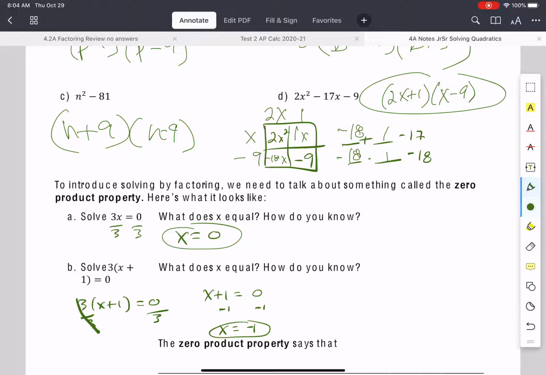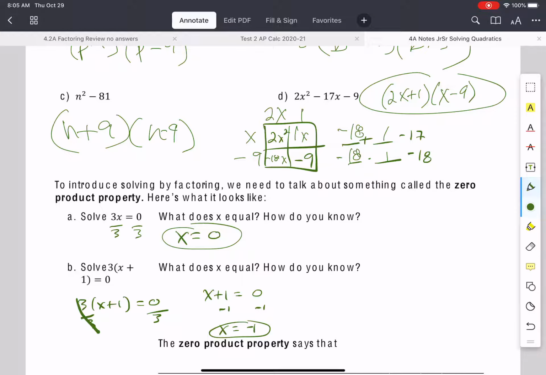Hey, what was the highest exponent in both of those equations? 1. How many answers did they have for x?